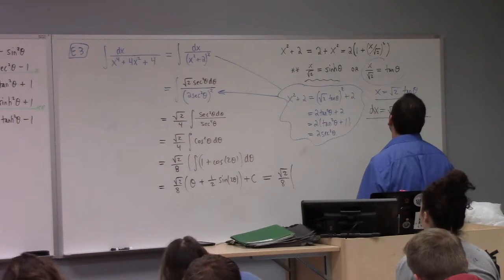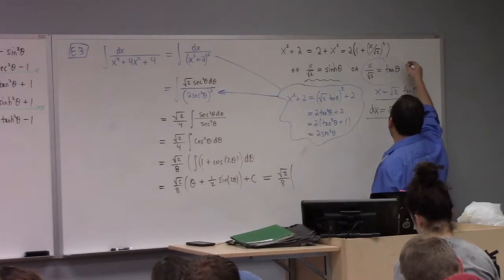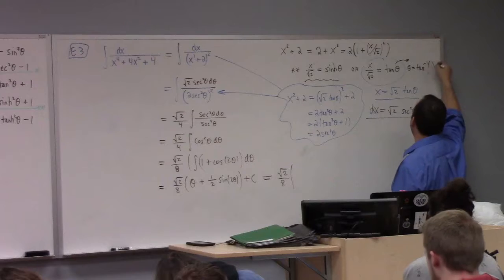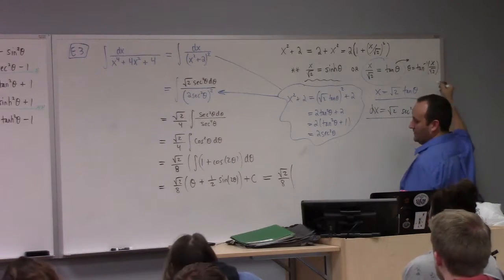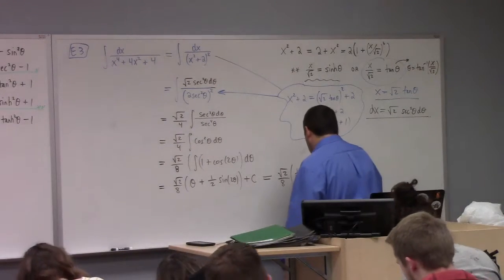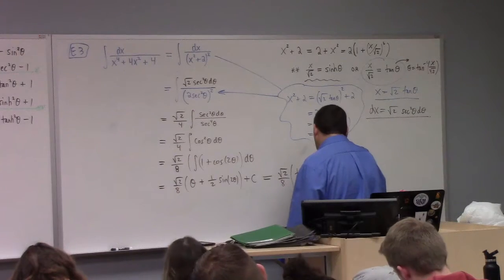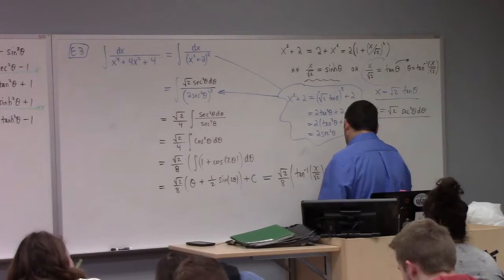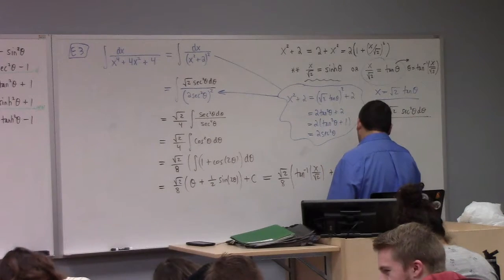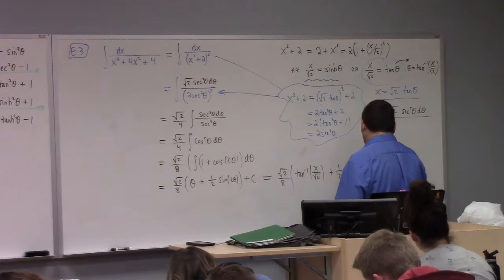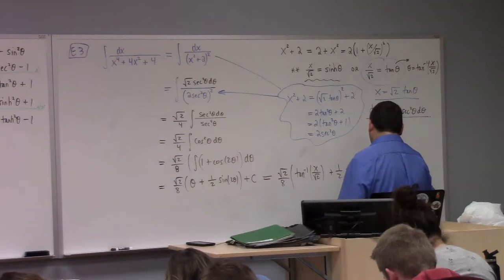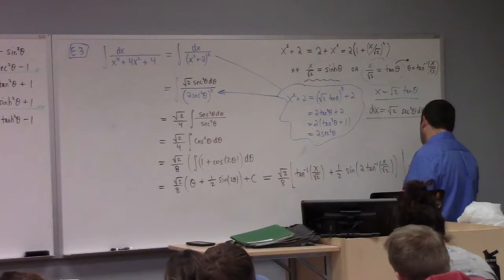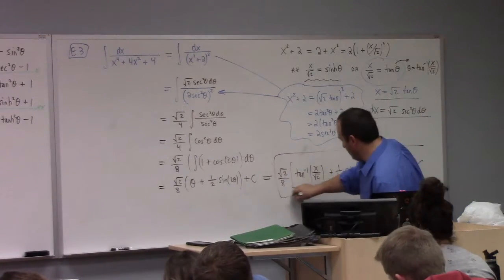Theta is equal to what? Inverse tangent of x over root 2 in this case, right? So we have inverse tangent of x over the square root of 2 plus 1/2 the sine of 2 times the inverse tangent of x over root 2, close big parentheses, plus a constant. There you go.